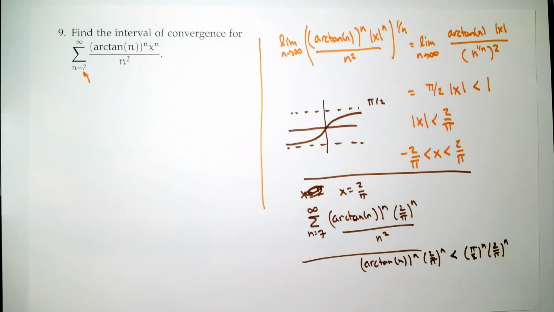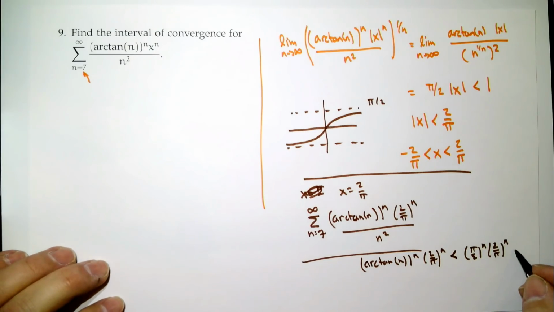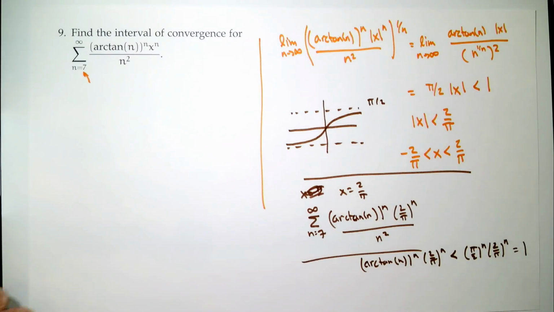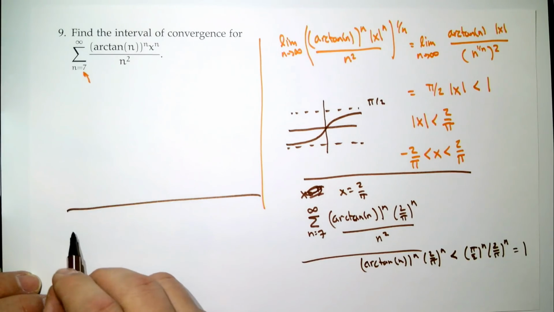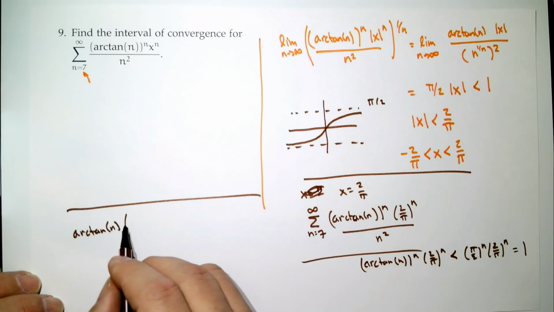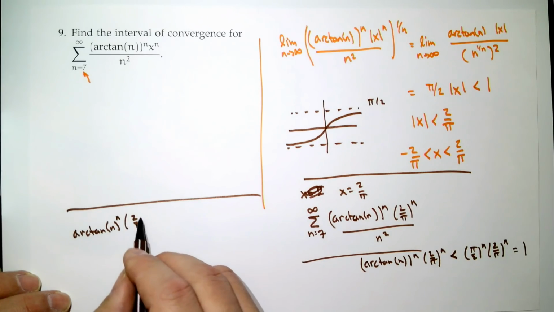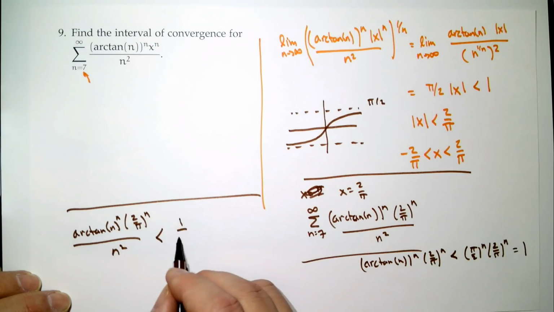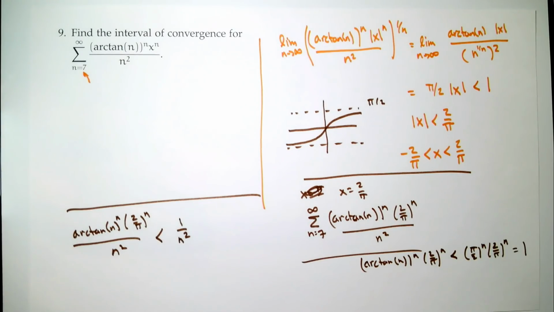Well, pi over 2 to the n times 2 over pi to the n, what's another name for that? Yeah, 1 to the n. Also known as 1. So, that tells me that arctangent of n to the n, 2 over pi to the n, over n squared is below 1 over n squared. So we can make a comparison.